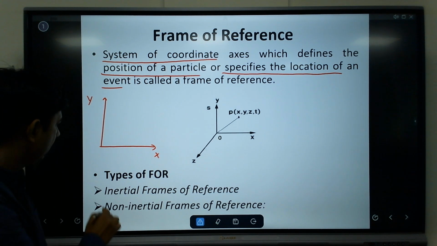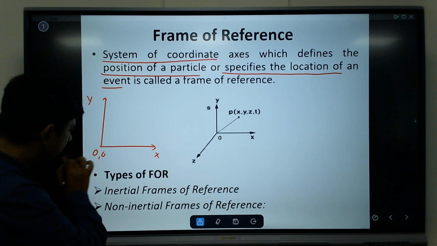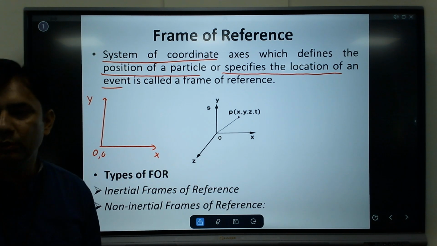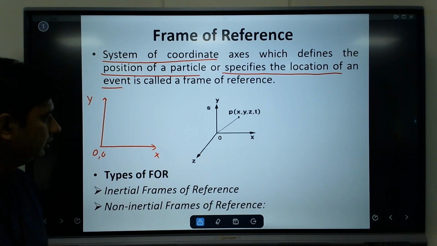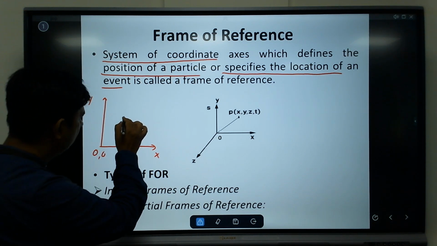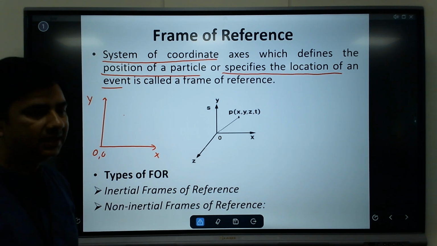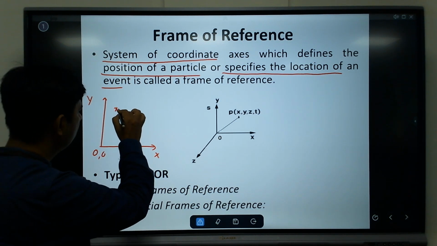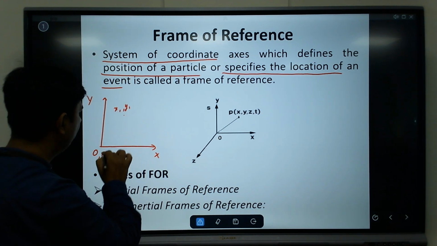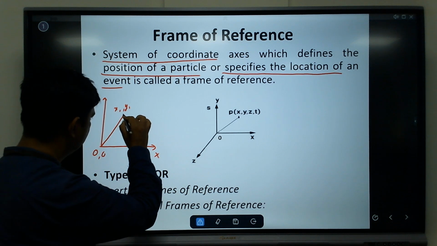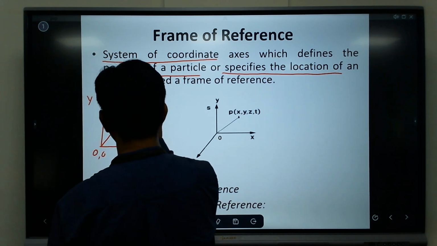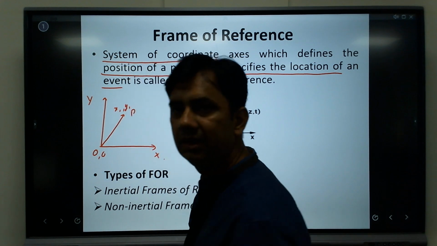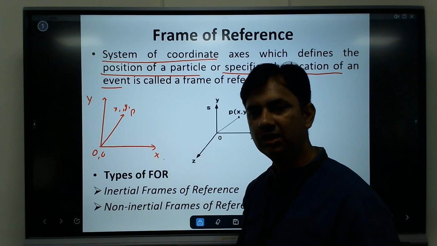Now we are watching an object moving from 0, and the position of the object is here. So we can give the coordinates x1 and y1, and if we join a line from 0 to this point P, we call it the position vector.